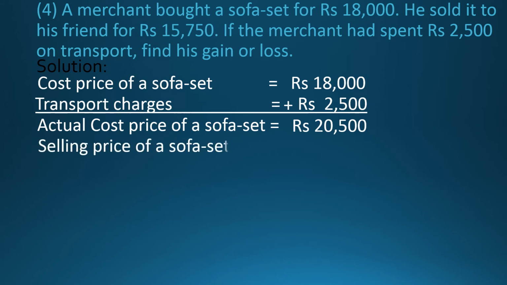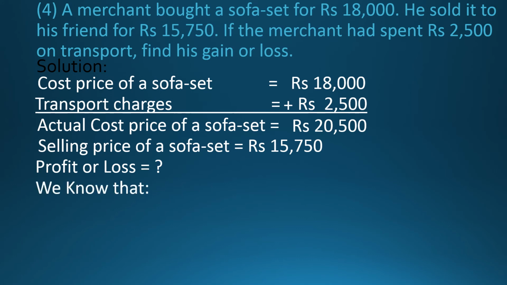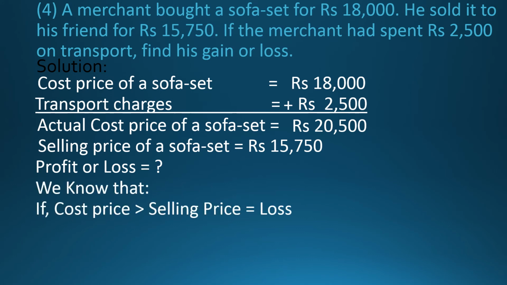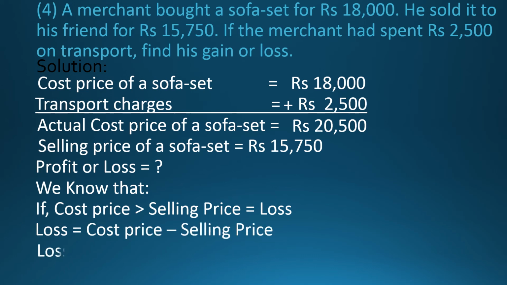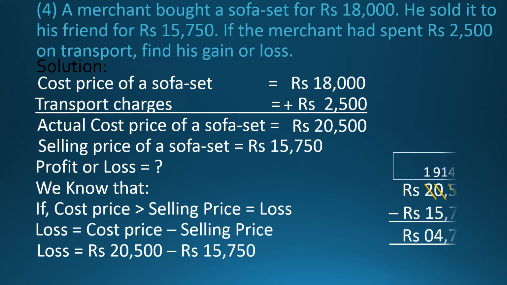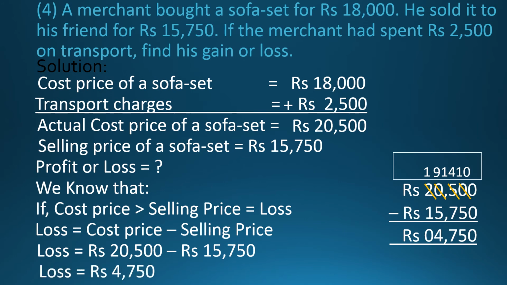And the selling price of the sofa set is rupees 15,750. And profit or loss we have to find out. Now tell me which one is greater, cost price or selling price? Yes, cost price. And we know that if cost price is greater than selling price, we have a loss. So loss is equal to cost price minus selling price. Now put the value. Rupees 20,500 minus rupees 15,750. Do the subtraction. We get rupees 4,750. So loss is equal to rupees 4,750.